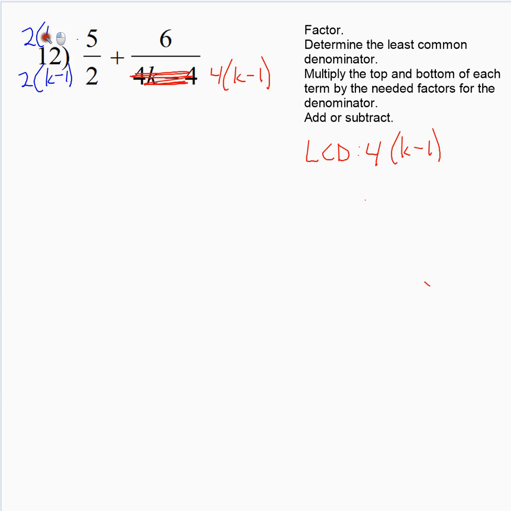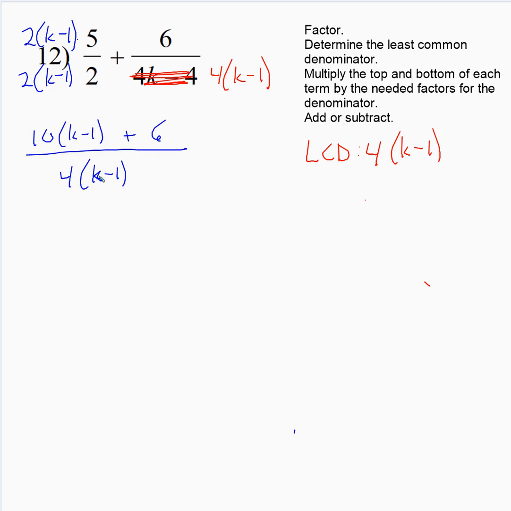What we do to the bottom, we're going to do to the top, because it's like multiplying by 1 there. And so in the numerator, we have this 10 times k minus 1 plus 6 from here over our common denominator of 4 times k minus 1.